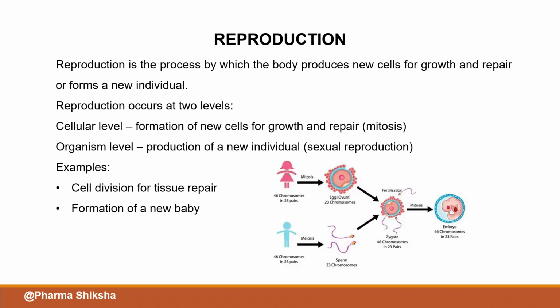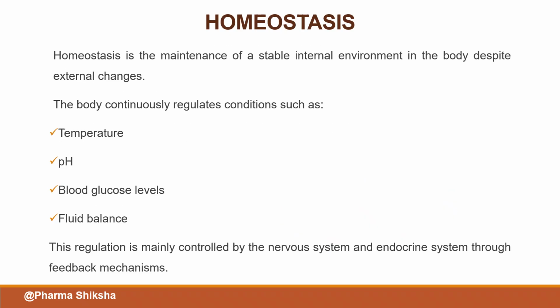The sperm and the egg from the female will combine to form the zygote with 46 chromosomes, and once fertilization is completed, there will be formation of a new embryo. So reproduction is also one of the major basic life processes. The cell division for tissue repair and formation of a new baby are examples of reproduction.